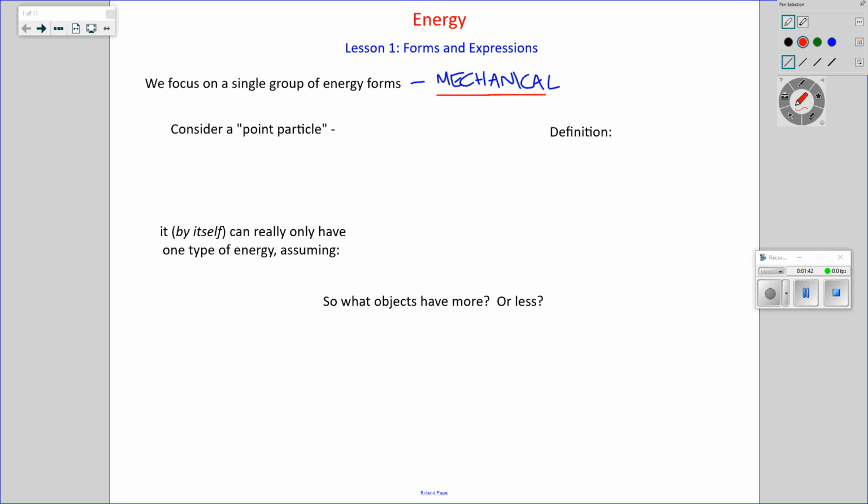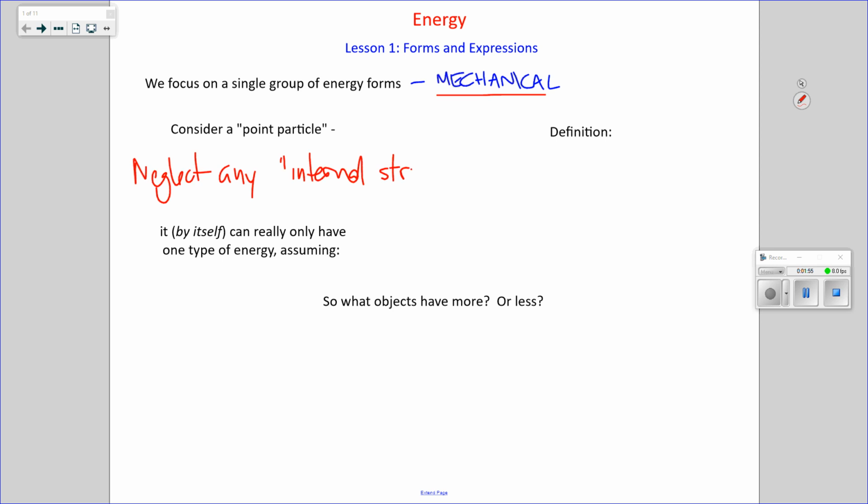All right, so let's consider a point particle. When we say a point particle, what we're doing is neglecting any internal structure that an object might have. Objects are made of things, right? Take a ball.